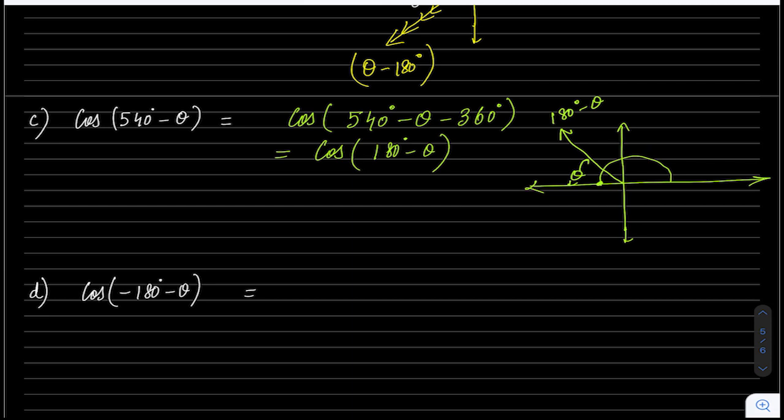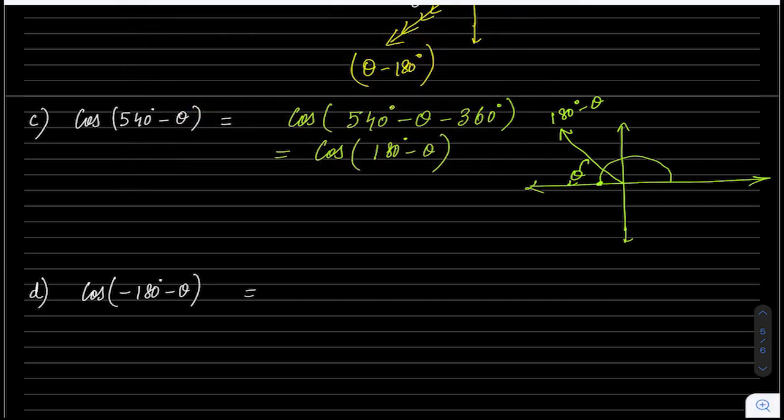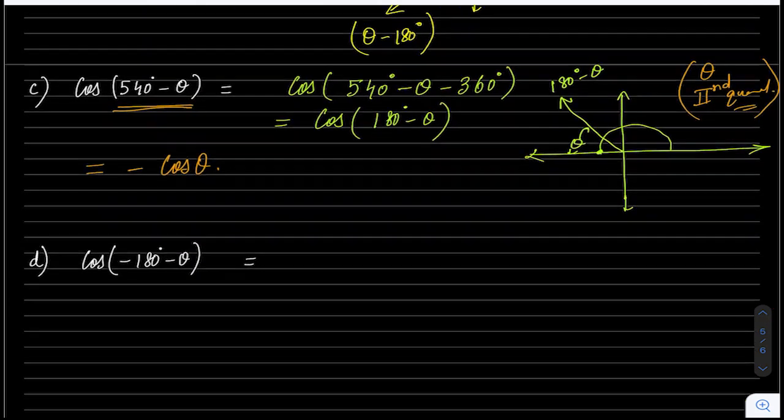So the angle made by this with the horizontal is theta, and this is in the second quadrant. And in the second quadrant, cosine is negative, ASTC. So this will be negative cosine theta.